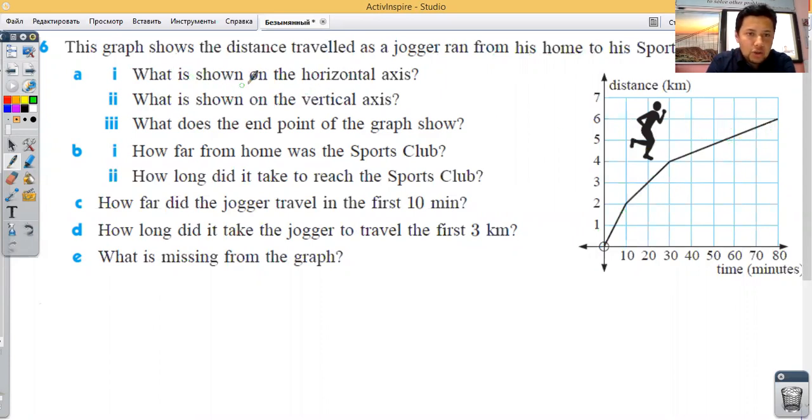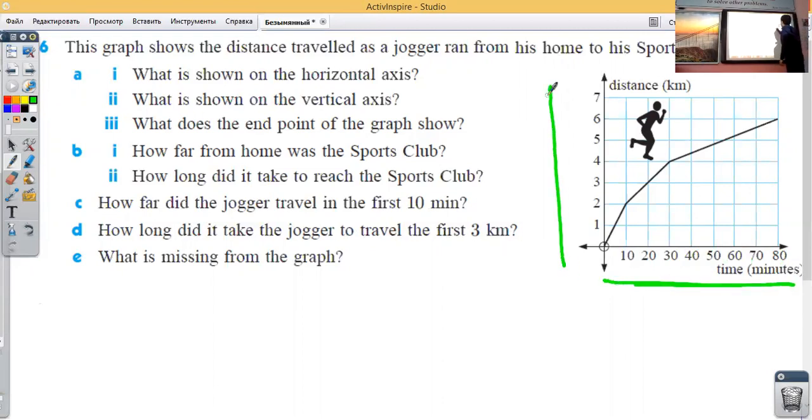Now, what is shown on horizontal axis? On horizontal axis, it's showing the time. Look, this is horizontal axis, and this is vertical. In horizontal axis, it is showing time. And what's shown on vertical axis? In vertical axis, it's showing distance.